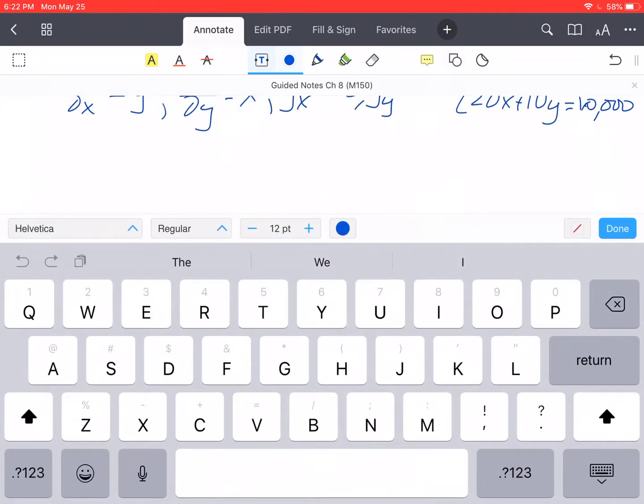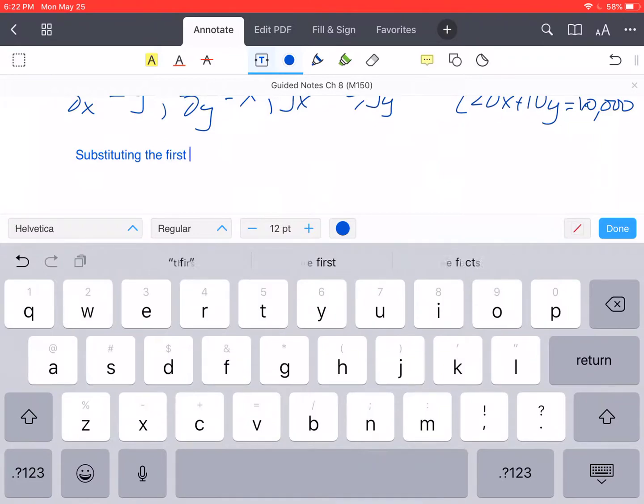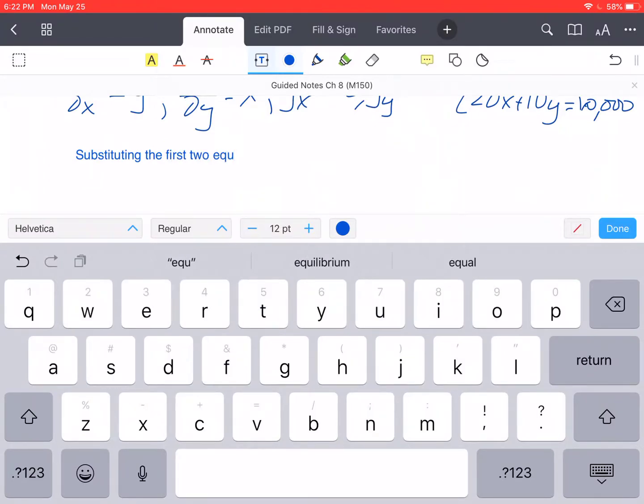So, substituting the first two equations into the constraint.